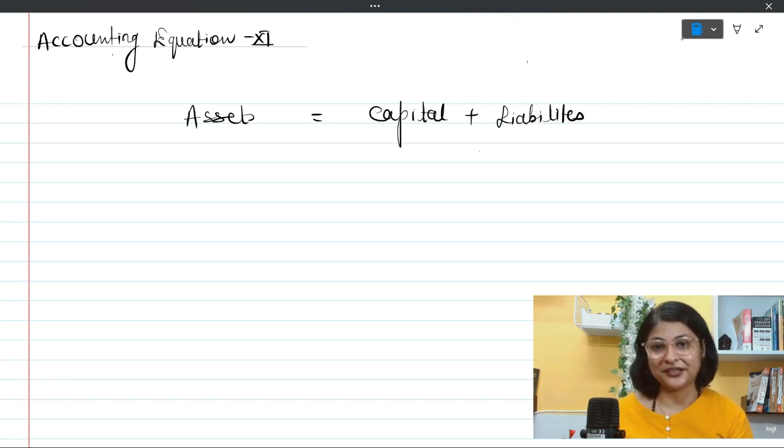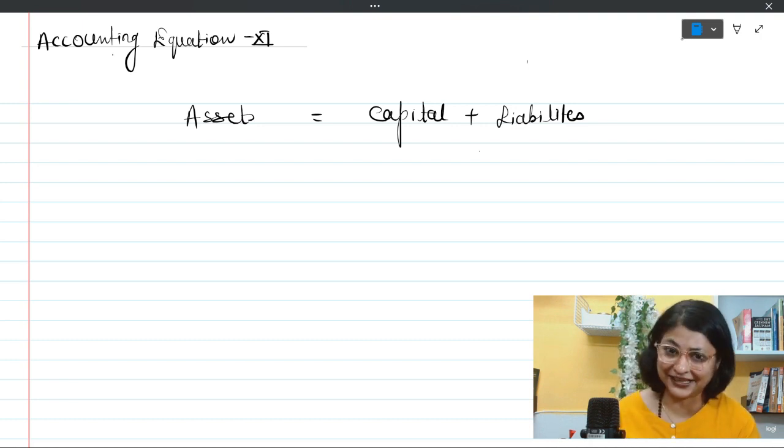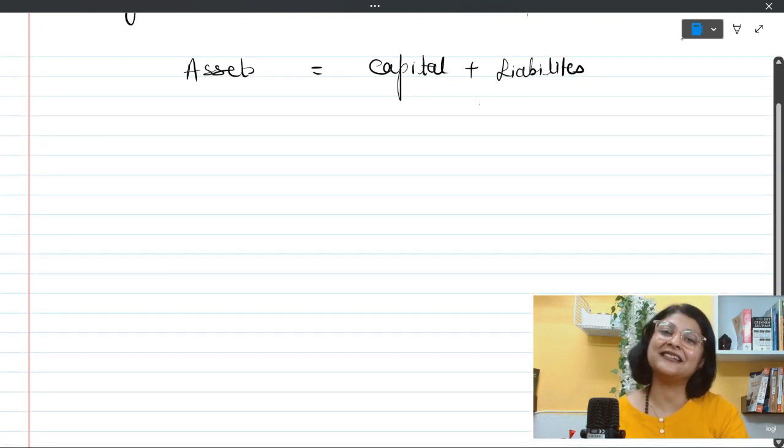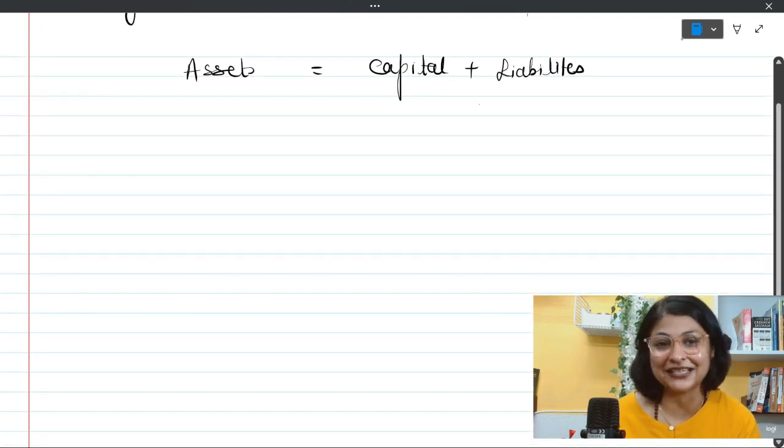Assets means the total holding of the business in terms of fixed assets and current assets. Under fixed assets, further bifurcation is there: tangible and intangible. Capital means internal liability, what the proprietor has invested into the business, and liability means external liabilities are referred to as liability.